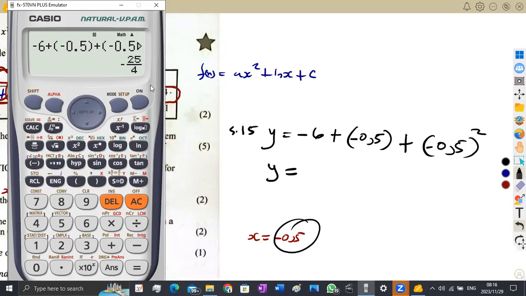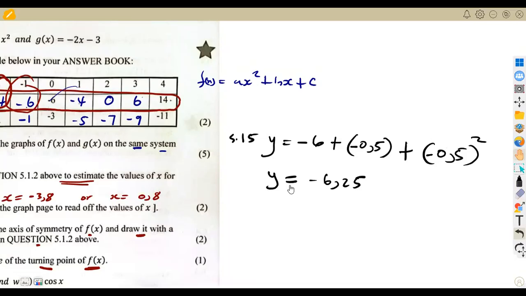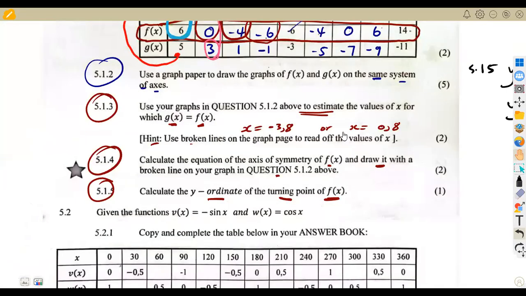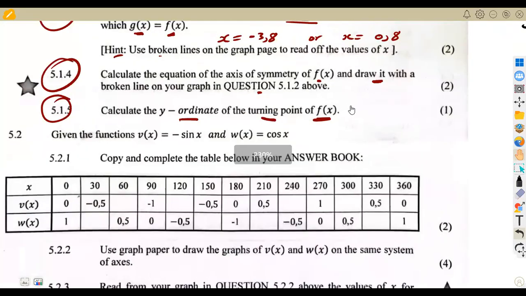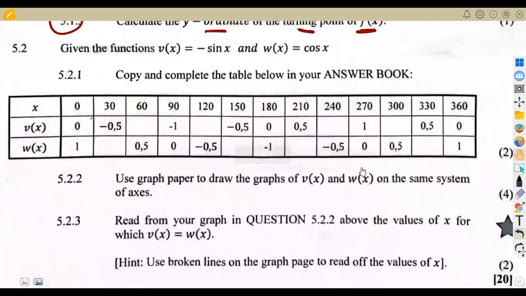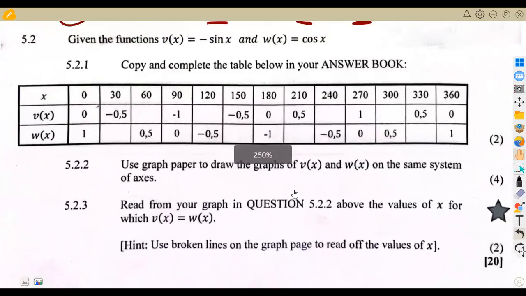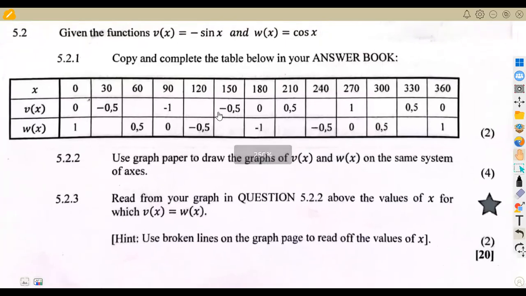So this gives us negative 25/4, which is the same as negative 6.25. So that's the y value or the y ordinate at the turning point. At the turning point, the x value is the one that we had from our axis of symmetry. That was our x value, the one that you simply take.